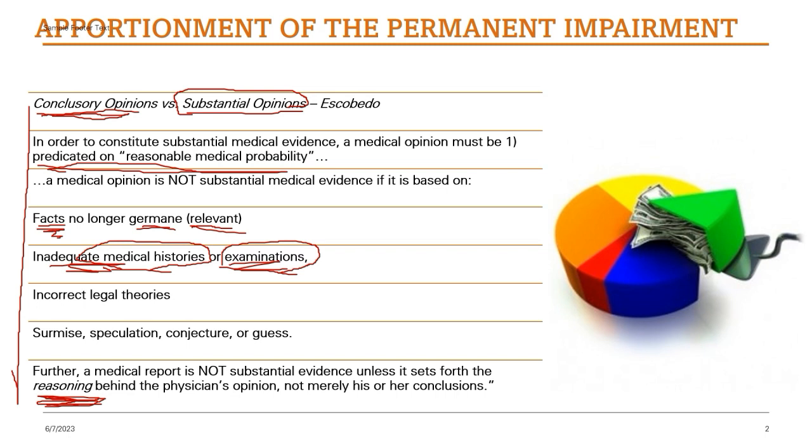And you convince the parties that you're in no way invoking surmise, speculation, conjecture, or guess. And in this way, you construct, like a carpenter building a building, you construct your opinion so that it constitutes substantial medical evidence. So let's summarize these key points.